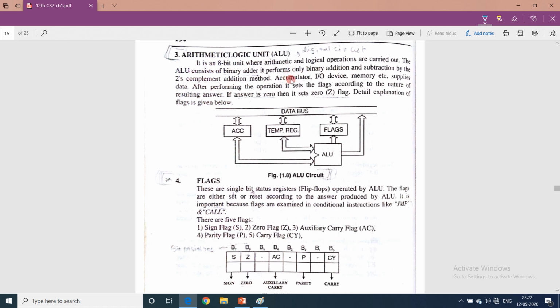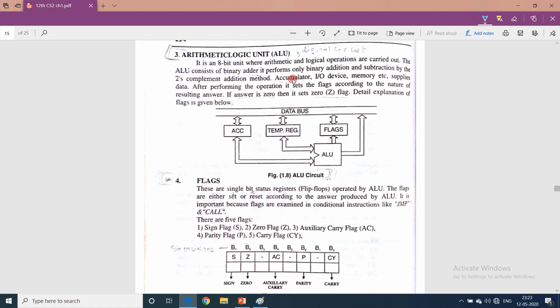Accumulator, input output device and memory supply data. If you remember, one of the functions of the accumulator is that it holds the operand. What is an operand? When I'm doing 2 plus 3, then 2 and 3 are operands. One of the operands is stored in the accumulator.